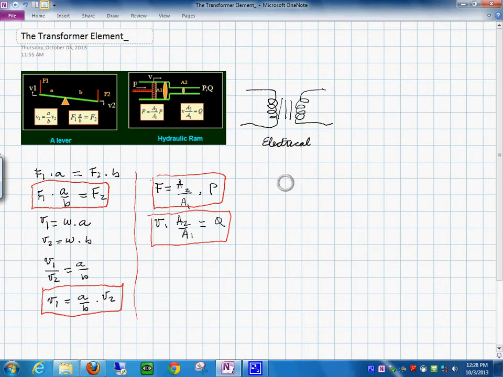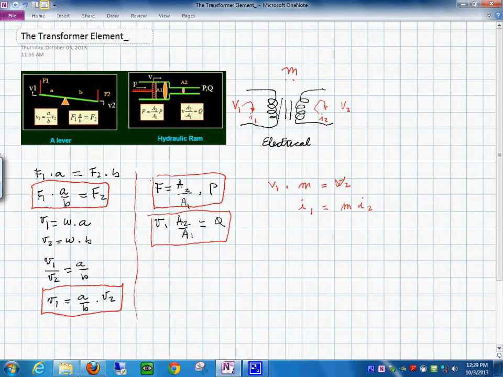For this one, you have the current I1 and the current I2 like this, and on this side you have voltage 1 and voltage 2, and let's say the transformer modulus M. You have voltage 1 times M equal to voltage 2, but because it's power conserving, I1 is M times I2.